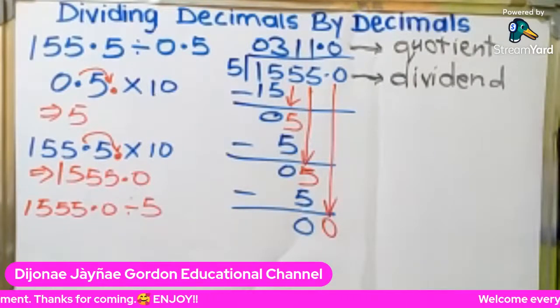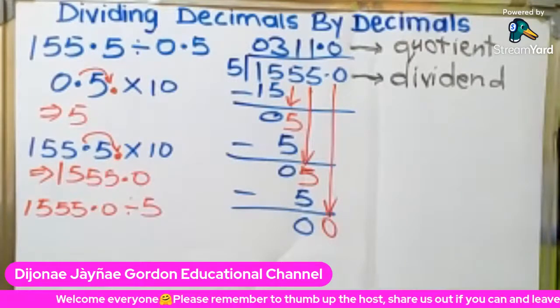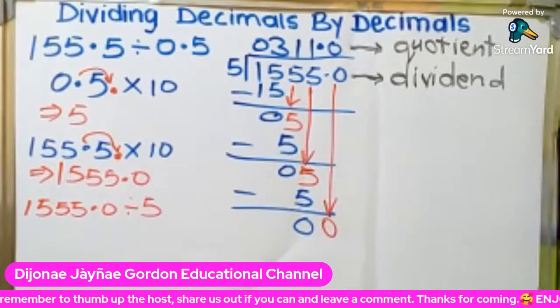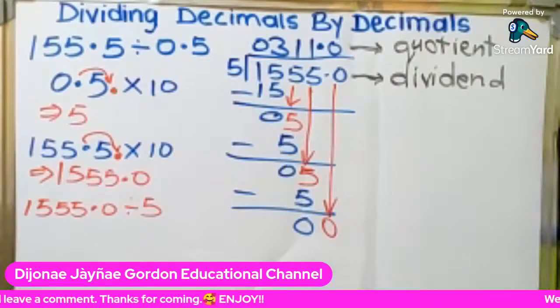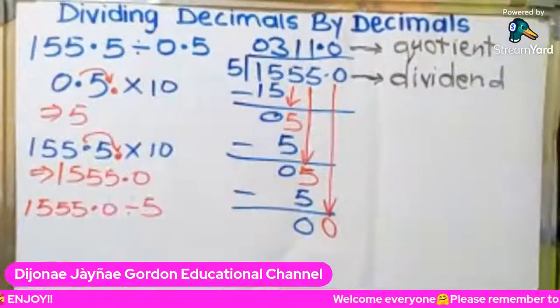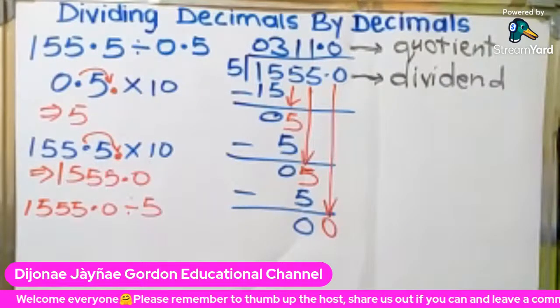And of course, remember now, when you are dividing decimals by decimals, the first thing you have to do is to change the divisor to a whole number by multiplying by 10. All right, so the next thing you are going to do is to check to see whether it is going to be 10 that you're multiplying by, or if it is 100 or 1000.